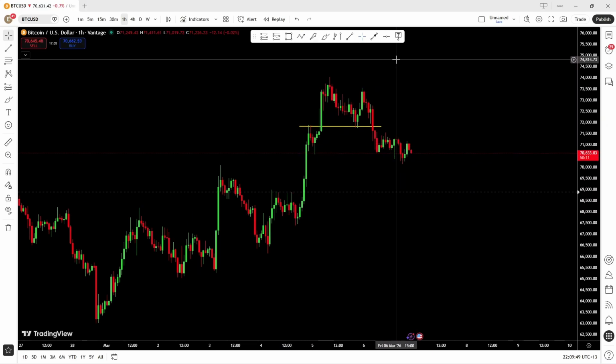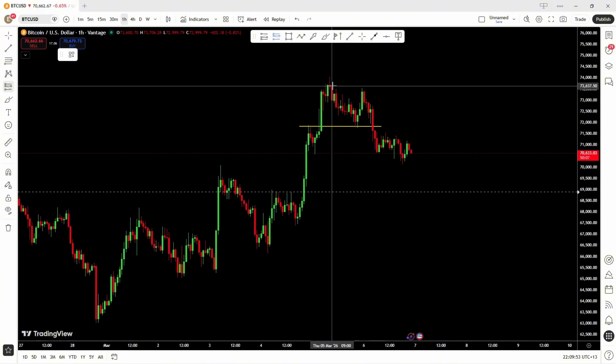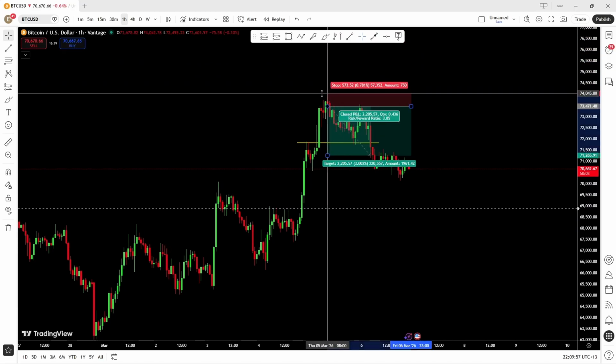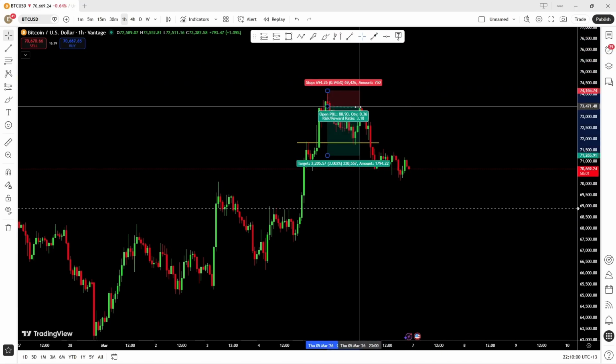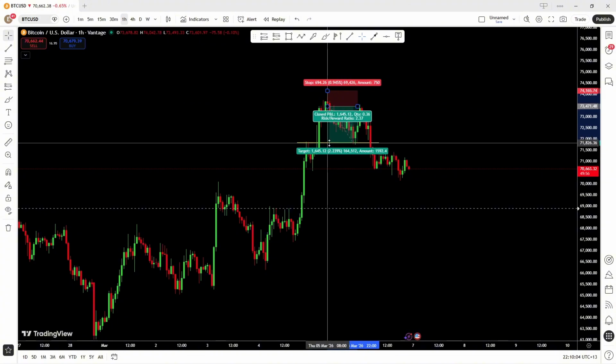Now I don't know if you've ever noticed, but whenever you've caught the top or caught the bottom of a move, for example, if you went short over here, you were lucky enough to take this piece of this move and rode it down.